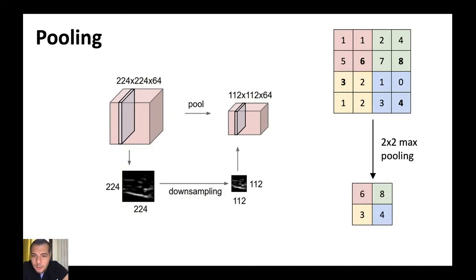And another layer in this model is the pooling layer, which is typically done using MaxPooling, and this keeps the maximum activations from the activation maps that are produced from a previous convolutional layer.